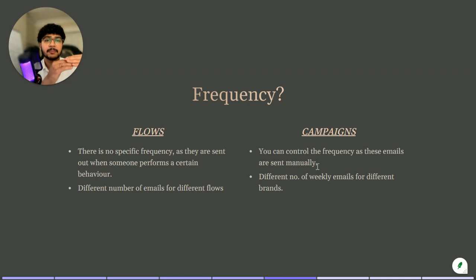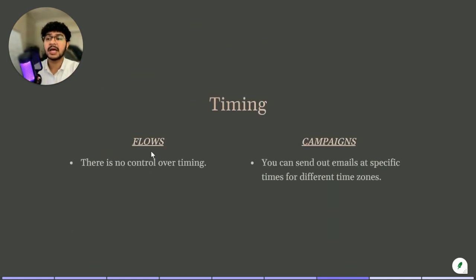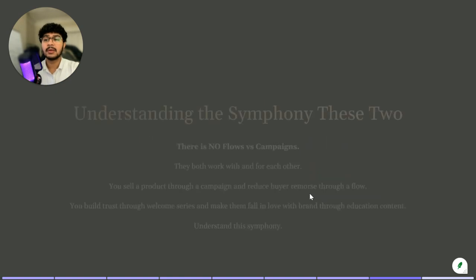And as soon as you even out the KPIs, stop. If you're unable to hit the KPIs, that's a signal that you need to reduce the number of emails you're sending. And as for timing, with flows, there is no control over timing. You cannot control what time those emails are going to be sent. And as for campaigns, you can send out emails at very specific times, for different time zones too.